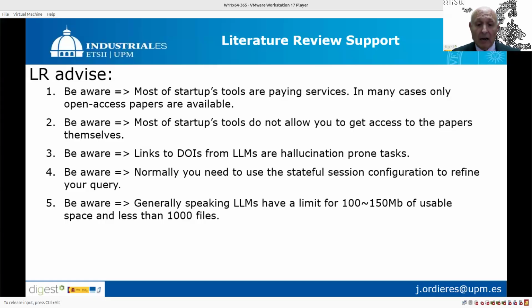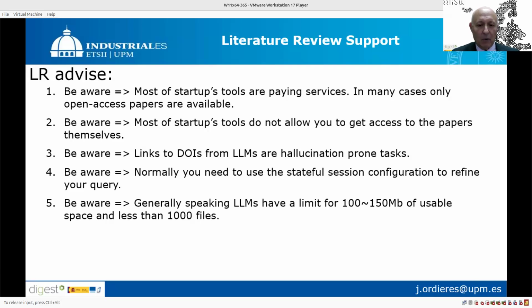And then the final recommendation is to be aware that there is a limit in the amount of sources and space you are using for your chat. For ChatGPT and Gemini, limits are between 100 and 150 megabytes of space, and fewer than 1,000 files. These are the upper limits, including all the temporary files they need to produce when you request that they elaborate some code to go through the data and do some analysis. That is always included.